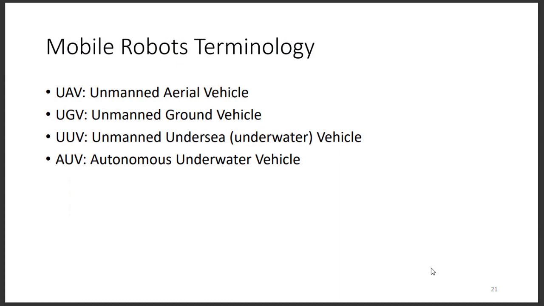Mobile robot terminology. Let's discuss what a UAV is. It is an unmanned aerial vehicle, like drones.